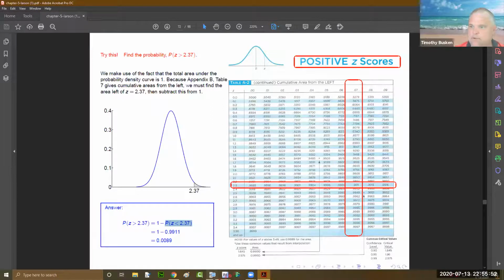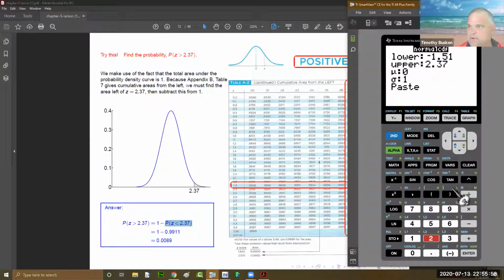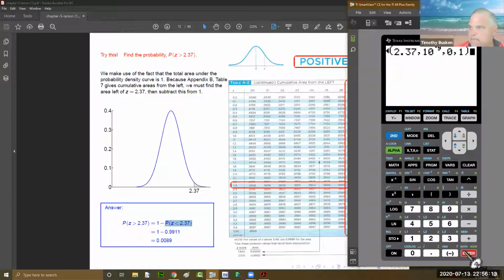And of course, you can just use normal CDF to find that same area. I'm pressing second, VARS, 2, and calling on normal CDF here. This time my lower boundary would be 2.37, and I would want my upper boundary to be 10 to the minus 9 power. Well, now what happened here?